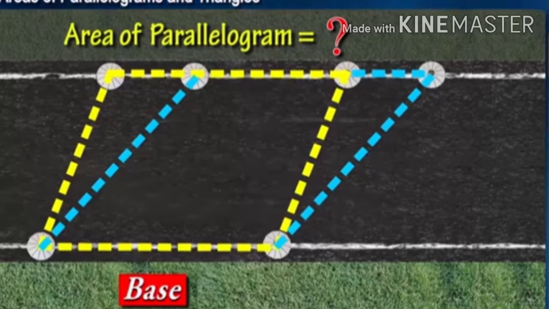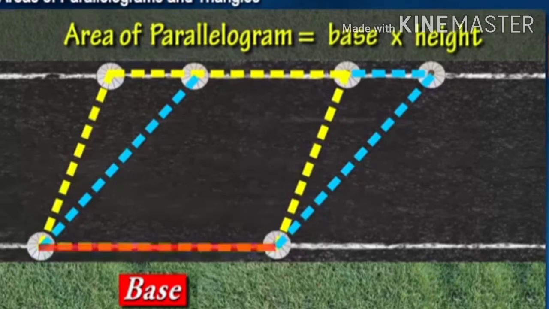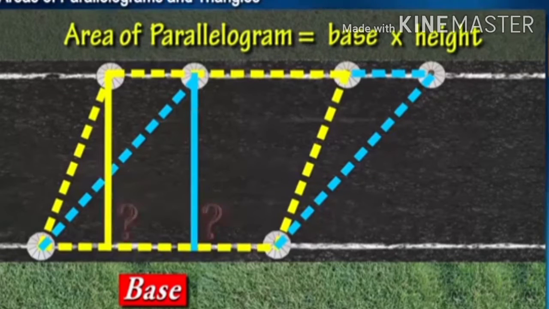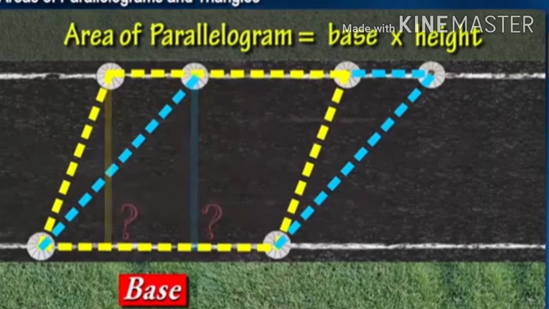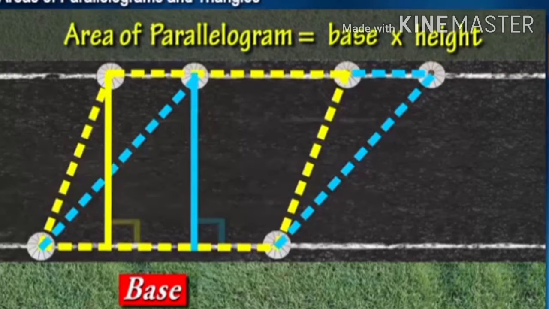We know the formula to calculate the area of a parallelogram is base into height. We know the base of both the parallelograms is the same. But then what about the height of these parallelograms? Let's draw perpendicular heights for both the parallelograms, and what do we see now?